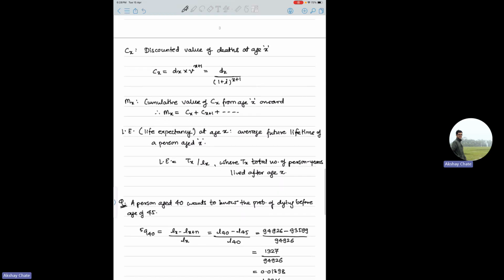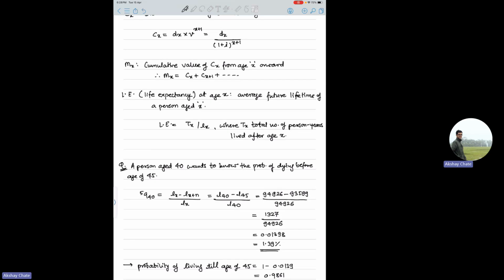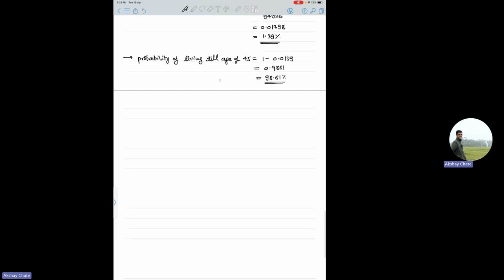So this kind of things also they can ask. But usually we use this MX, NX, CX, DX primarily in our calculations of various annuities, endowments, etc. Okay, so we'll see those things next. So that is one thing.